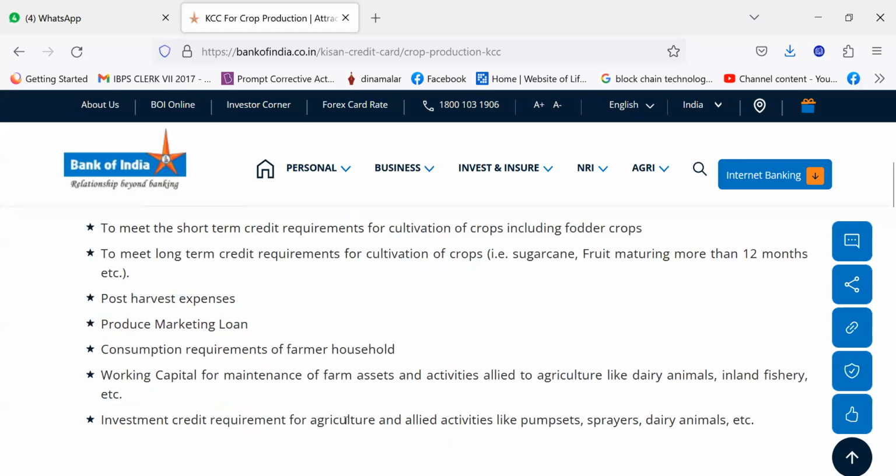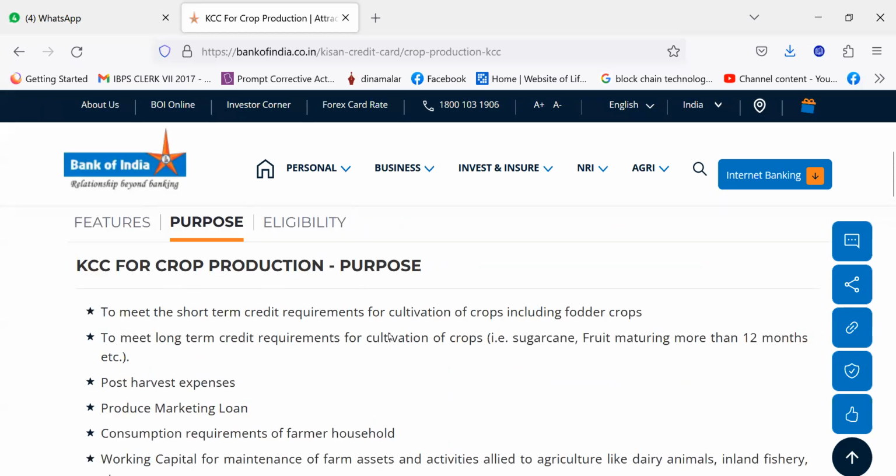Now please read this Kisan Credit Crop production. What is the purpose? Purpose: to meet the short-term credit requirements for cultivation of crops, including fodder crops.